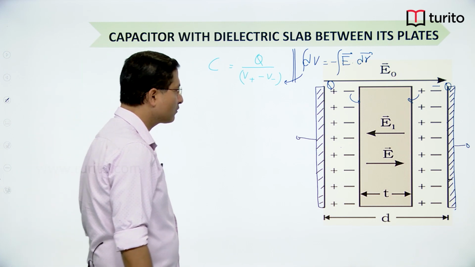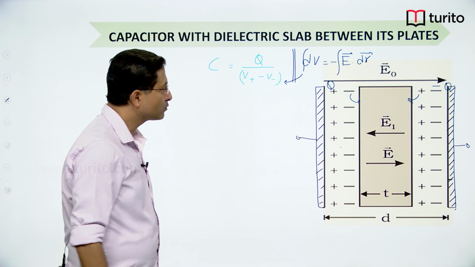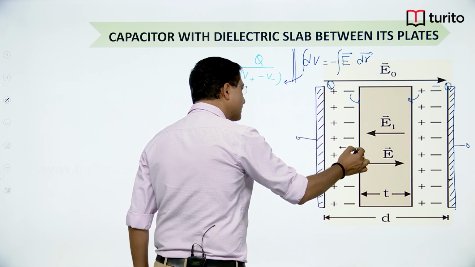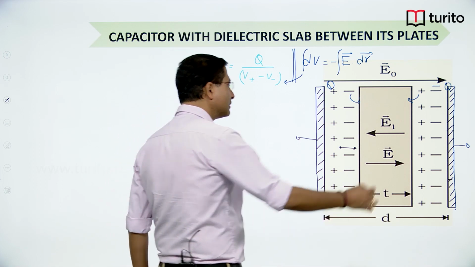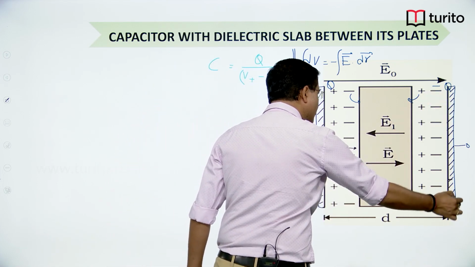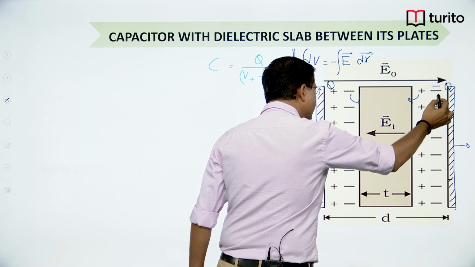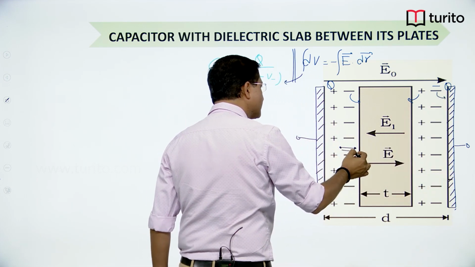So I was asking what is the field at this particular point. This positive charge will produce a field in this direction, right, and this negative charge appearing on the inner surface of this plate, I am talking about this charge, that will also be in this direction.